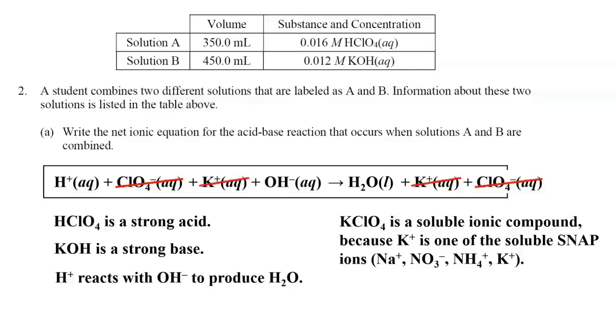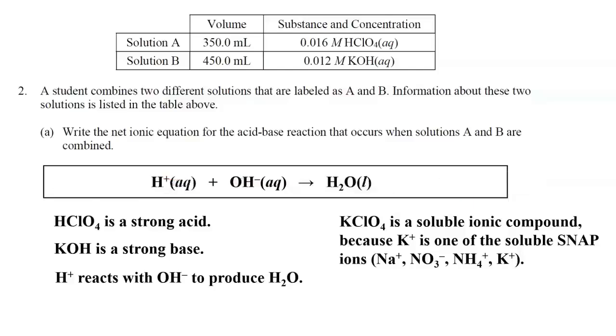So when you have a strong acid reacting with a strong base, the net ionic equation will be H+ and OH- to produce water. And you may already know that H+ and hydronium can be used interchangeably.